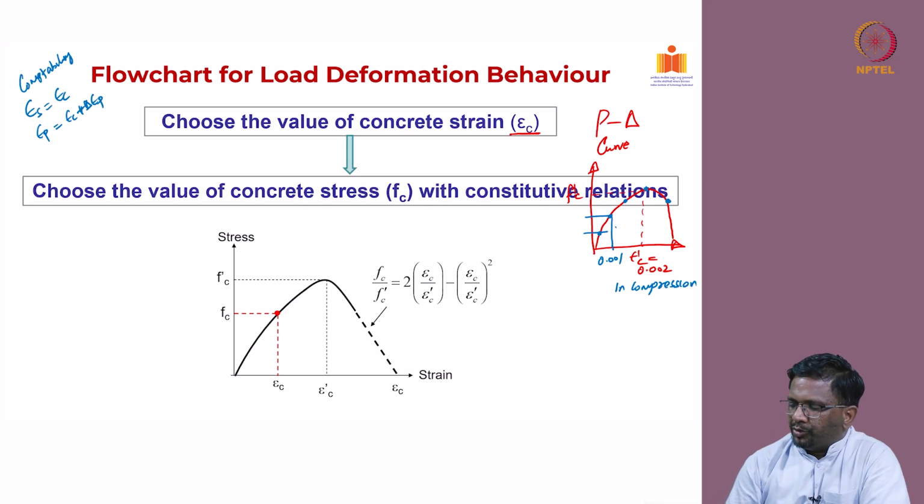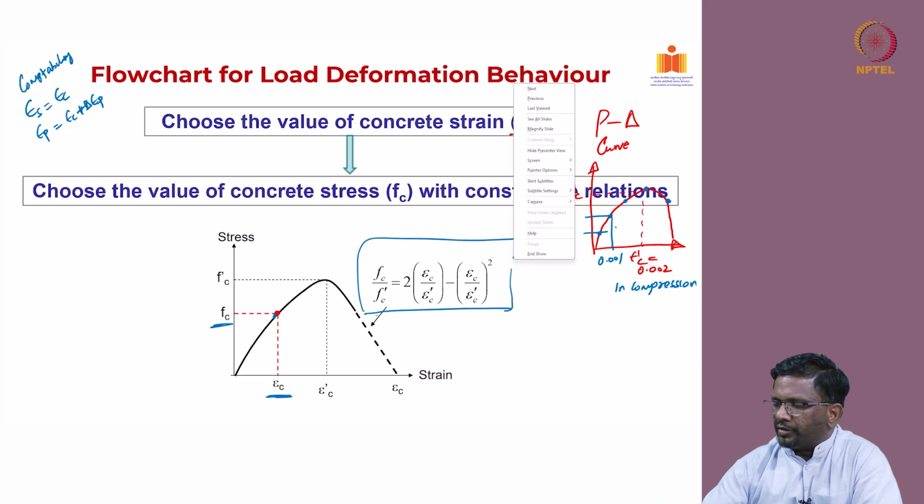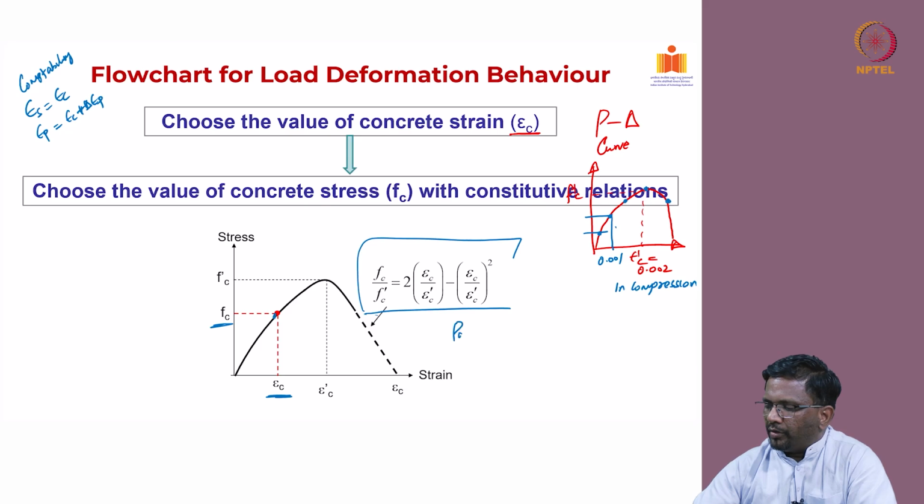The moment you choose your epsilon c, I can calculate my stress in the concrete using the constitutive equation. This is the constitutive equation that we typically use, which is a parabolic model for concrete in compression. So, what is epsilon prime c?